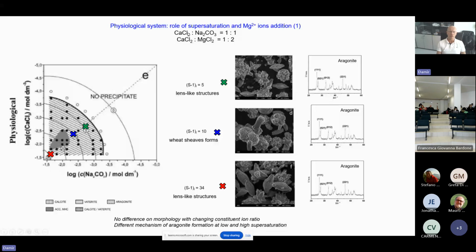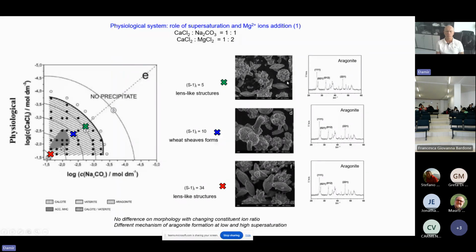So we don't have a fixed concentration of magnesium, it was double the concentration of calcium chloride. We analyzed this equimolar system. So we find that aragonite, which was found here, has a lens-like structure.